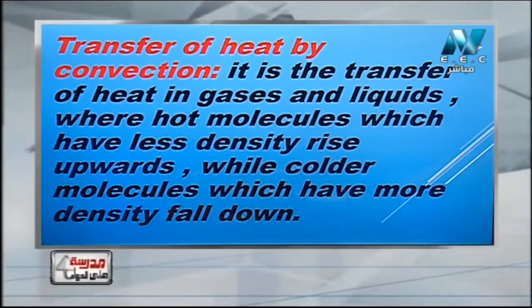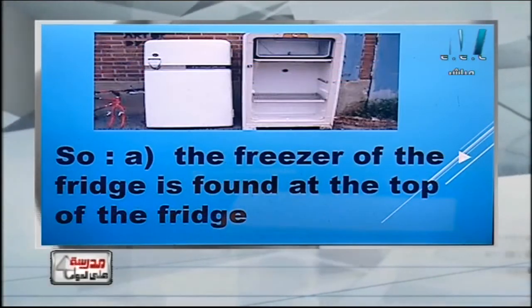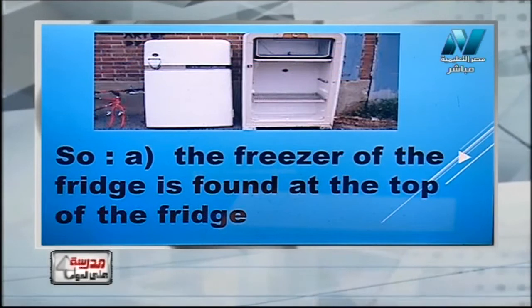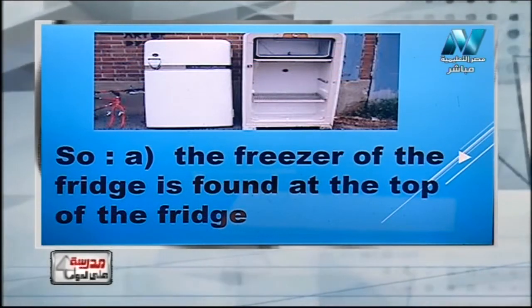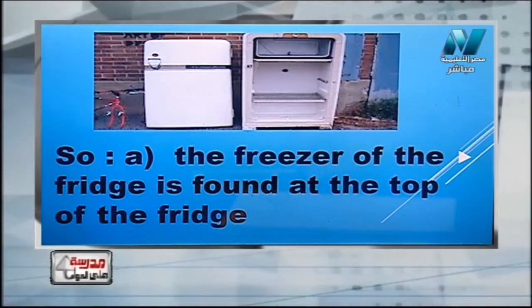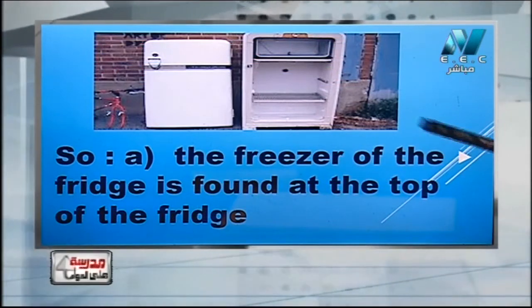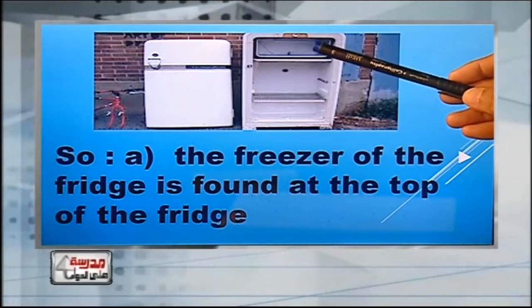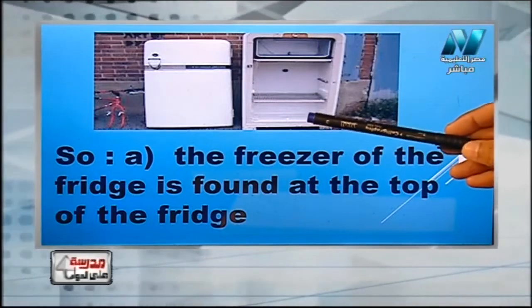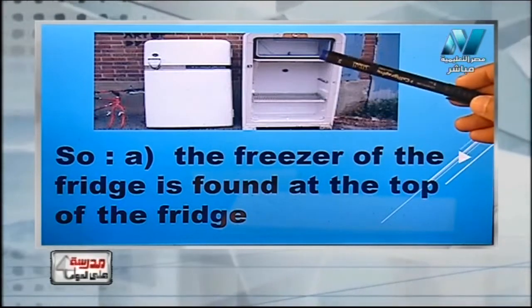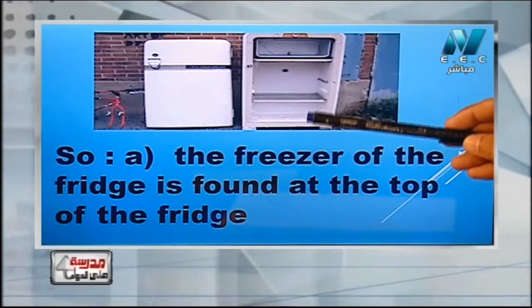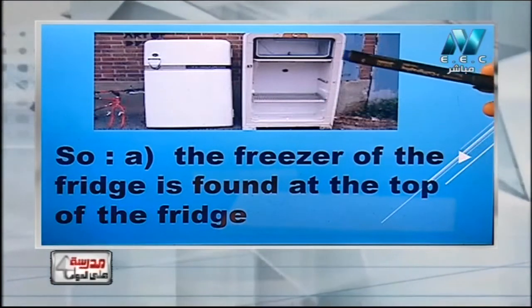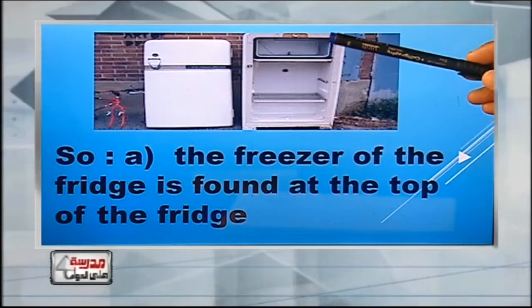Okay? Now, as you see, my dear student, this is a refrigerator. At the top of the refrigerator there is a freezer. The freezer is not at the bottom, but it is at the top of the refrigerator.